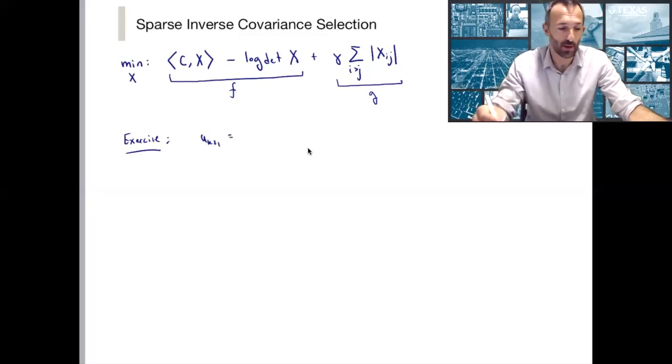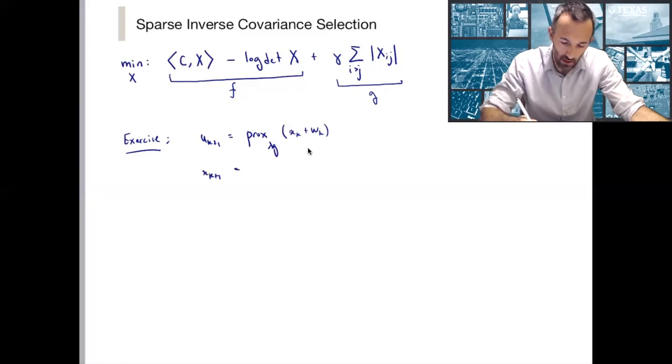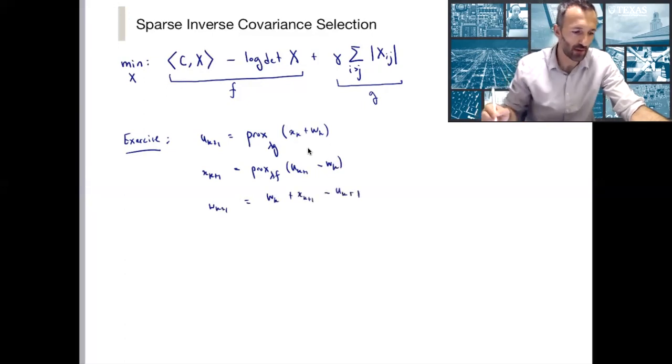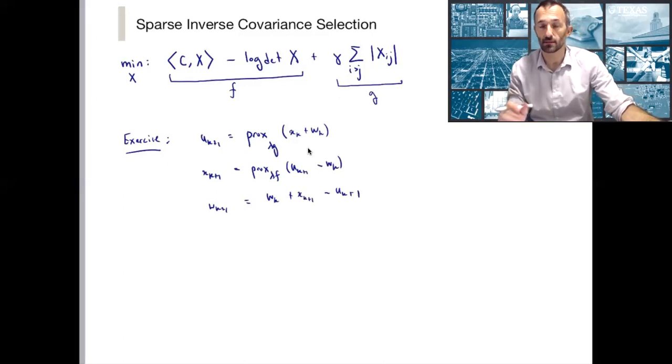We'll just write what was on the previous page. u^{k+1} is equal to prox_{λg} of x^k plus w^k. x^{k+1} is equal to prox_{λf}, for f and g as above, of u^{k+1} minus w^k, and w^{k+1} is equal to w^k plus x^{k+1} minus u^{k+1}. But let's just look through it and see why this makes sense.